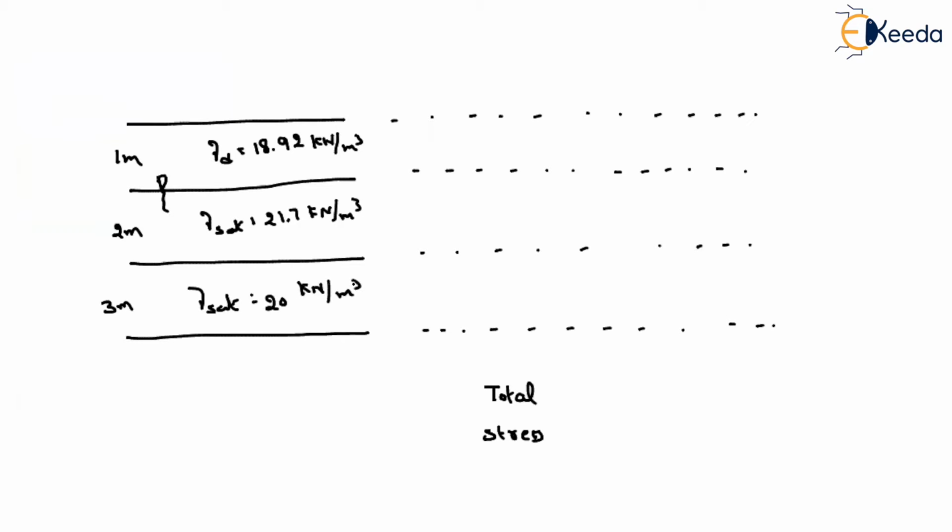Right? Now, imagine at the top of the soil, at this point, what will be the weight? Imagine that you keep your hand here. Do you feel any weight at this point? As you don't have any layer above that point, how much weight do you feel? Zero. Then what about the stress? Zero. Then imagine the 1 meter layer that is under dry condition.